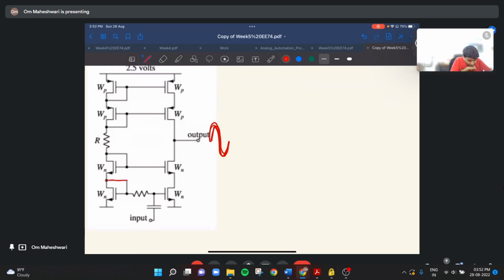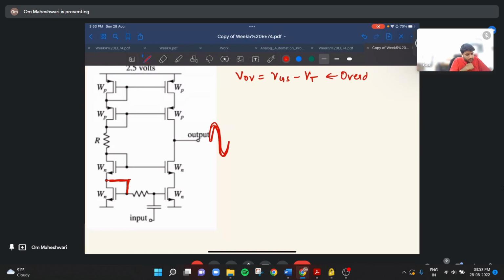This is a diode connected transistor, so let's say the potential drop here. Let us consider VOV equal to VGS minus VT. That is the overdrive voltage. I hope you know this.